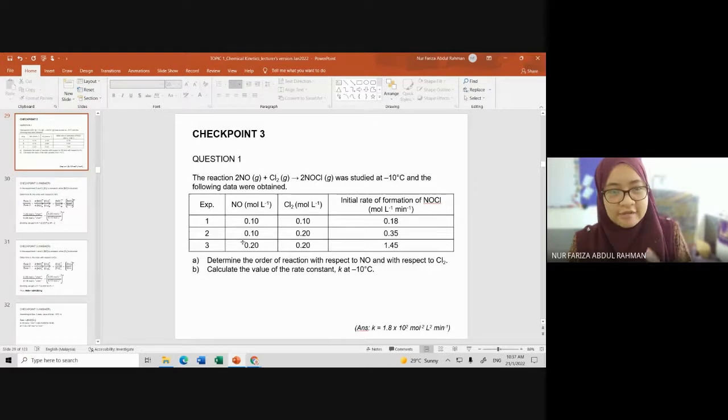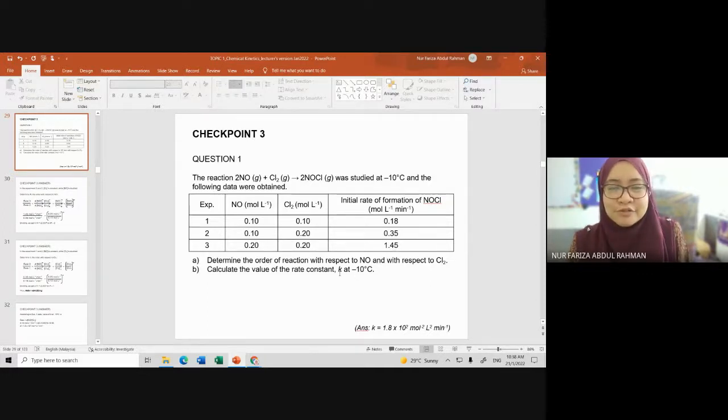It's just that if you choose experiment 1, you need to use the data from experiment 1 only. You jangan pergi suka hati NO pakai eksperimen 1, Cl2 pakai eksperimen 2, and then rate pakai eksperimen 3. Don't do that, guys. Okay?